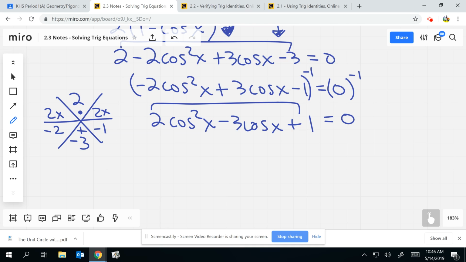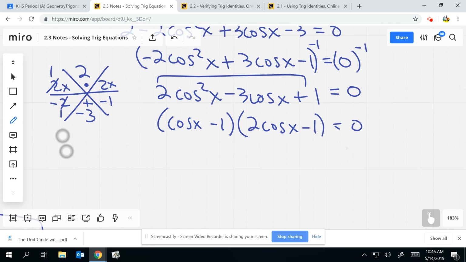Negative plus negative would give me the negative at the bottom. So the 2's again can cancel out. You're going to get x minus 1. So we're going to actually get cosine x minus 1. And 2 cosine x minus 1 cannot reduce.